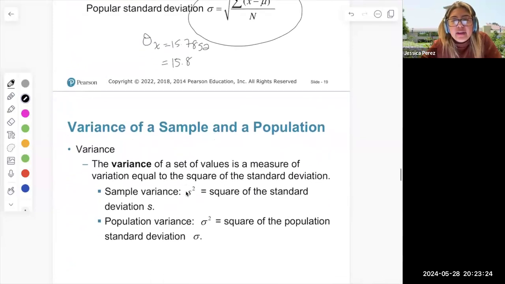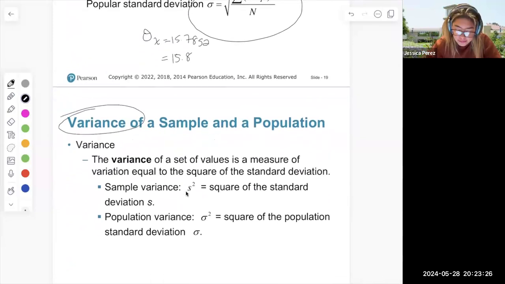There are 2 things: the variance of a sample and the variance of a population. The variance of a sample is S squared. All you have to do is take the square of your standard deviation, and that will give you the sample variance. When you take the square of sigma, the population standard deviation, you get the population variance.